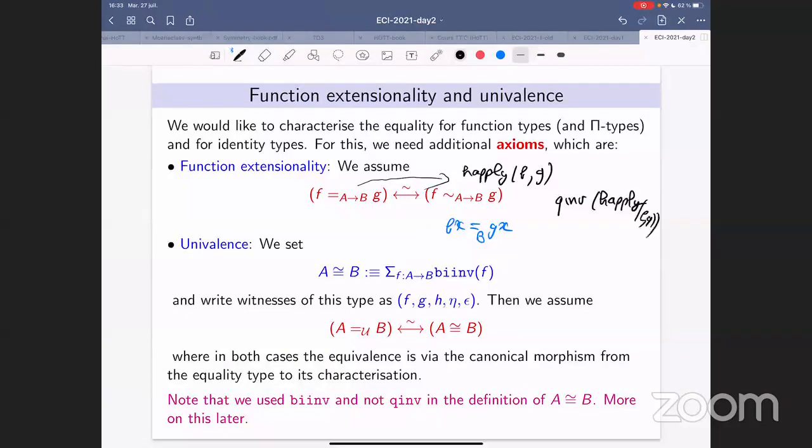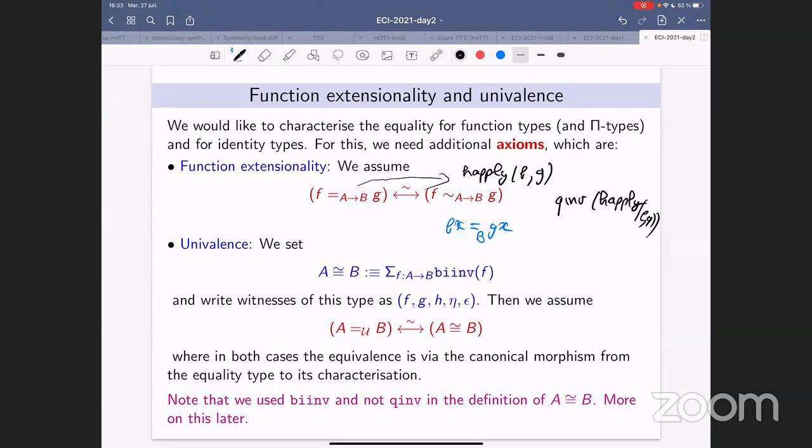Okay, so this is what this axiom tells, and I will say it formally in the next slide. And next comes probably the most emblematic axiom of homotopy type theory, which answers the question of characterizing the equality for the universe.